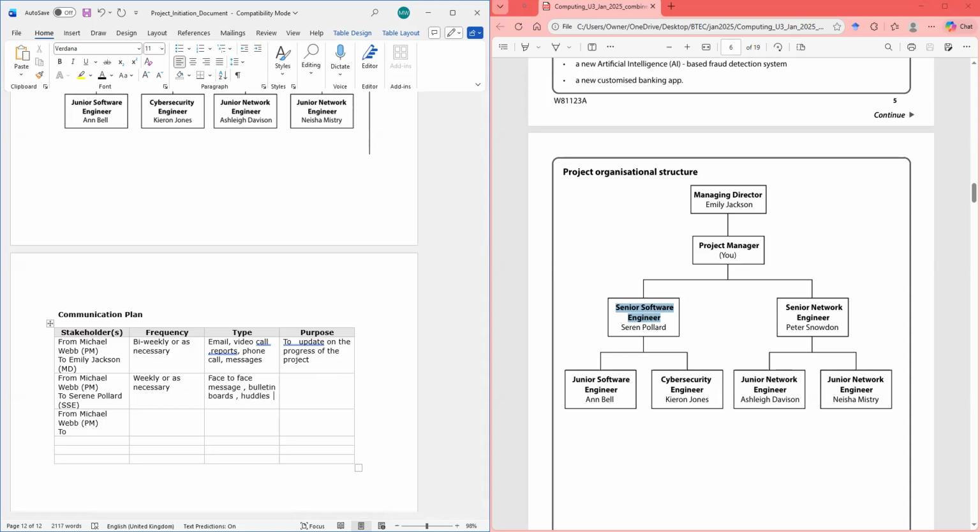A huddle is when in the morning you come around and we talk about different issues. So I can communicate with her weekly or as necessary, face to face, with bulletin boards. The purpose is to discuss progress, issues, and how to overcome issues.